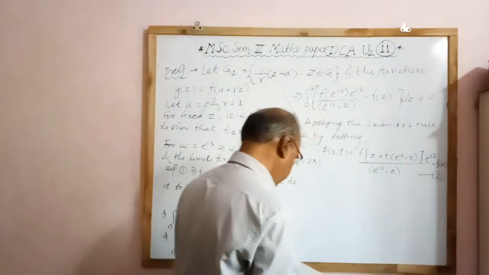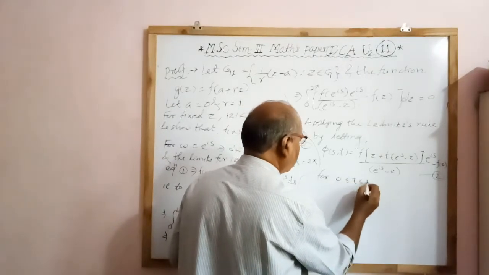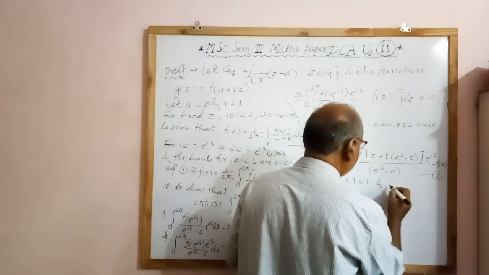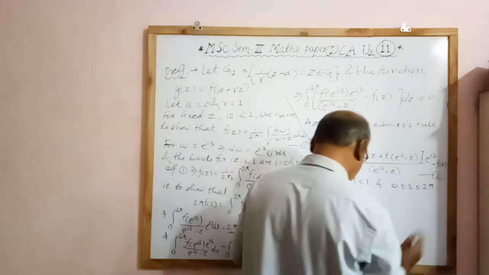Equation number 2. For t lies between 0 and 1 and s lies between 0 and pi star.